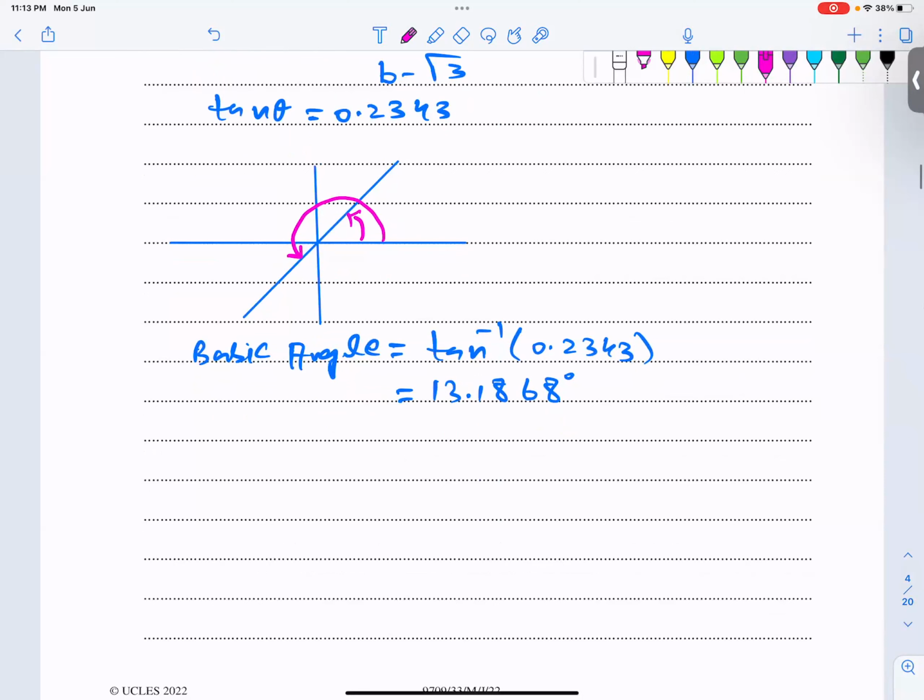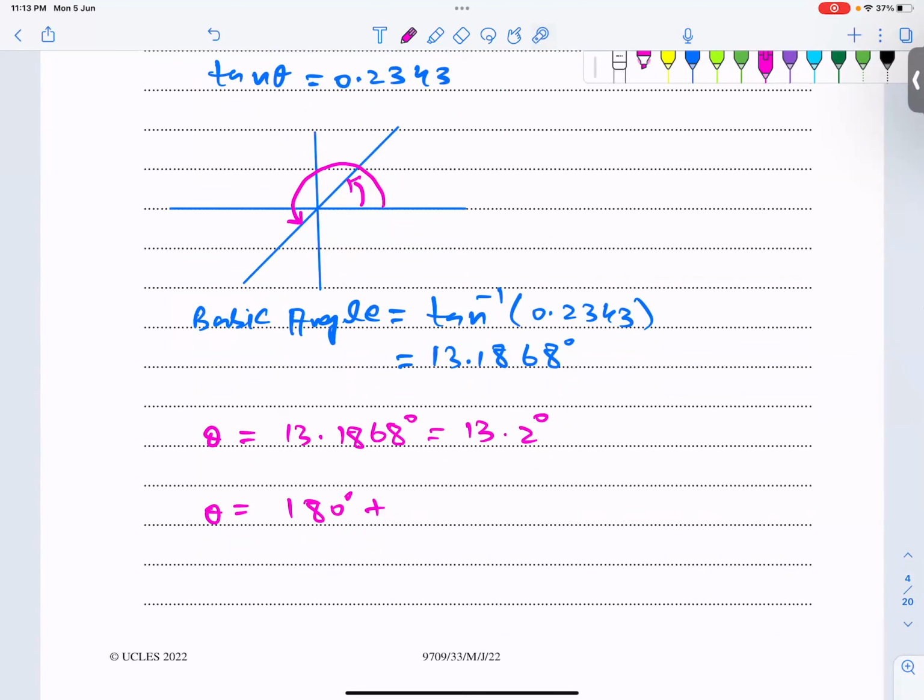So the first will be theta is equal to 13.1868 degrees. So I will write just 13.2 degrees. And the second angle will be theta is equal to 180 degrees plus basic angle, as this angle is the basic angle and these two angles are vertical, so they will be the same. Okay, so this whole angle will become 180 plus basic angle.